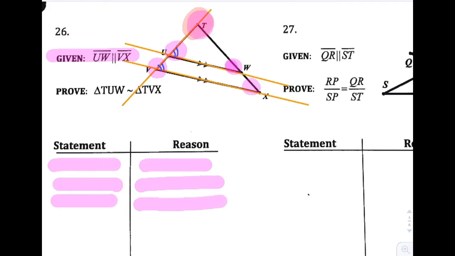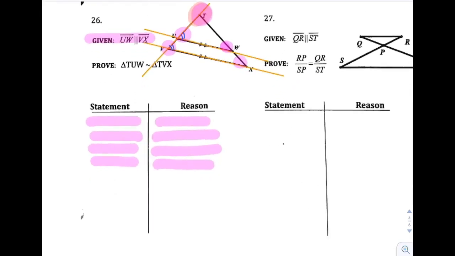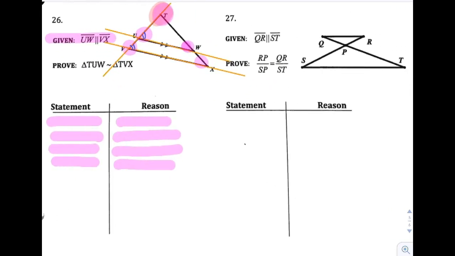Or you could say angle T is congruent to angle T because of the reflexive property. You now have at least two angles that are the same, so you can now prove that triangle TUW is similar to triangle TVX because of the angle-angle theorem.